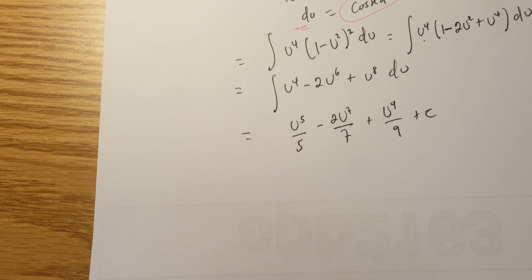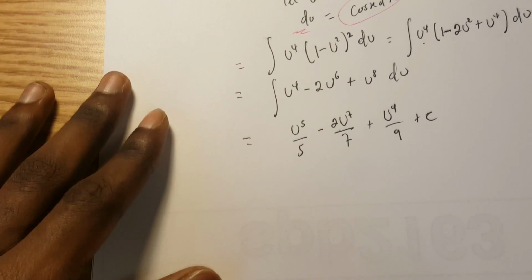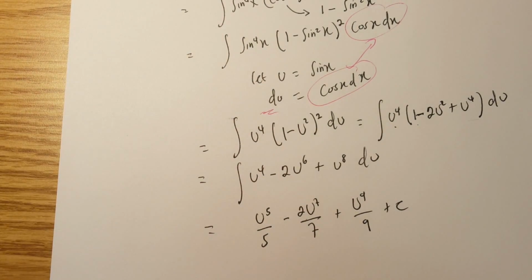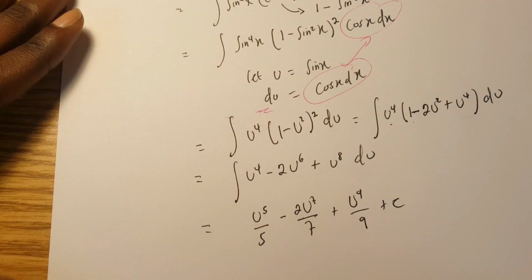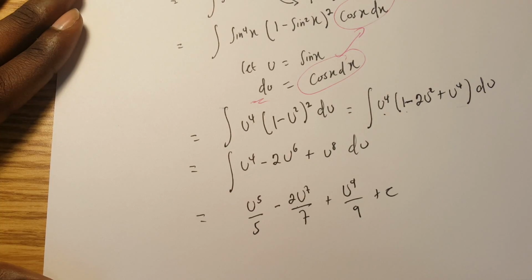All we have to do right now is substitute our u back into the equation. We have our u to be equal to sine x. Replace all u's with sine x.